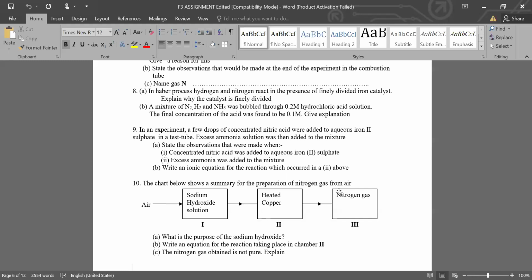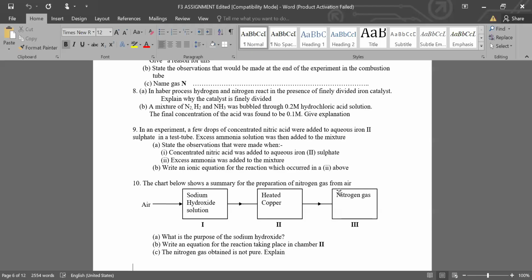Then excess of ammonia was added to the mixture. When excess of ammonia is added to the mixture of iron 3 sulfate, nitrogen 2 oxide, and water, and then ammonia is put in that mixture, we can read the question again.